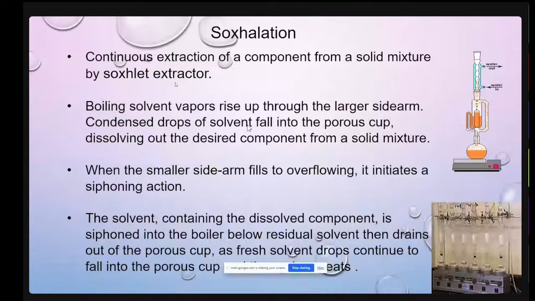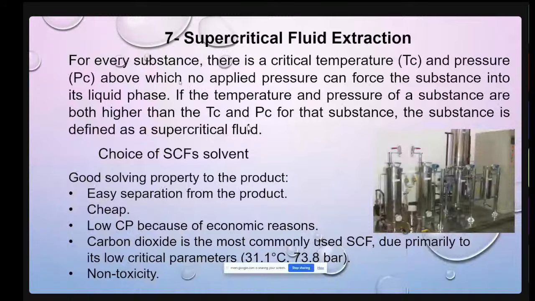The Soxhlet extraction takes more time, but it's efficient. It is efficient with volatile oil extraction. Now here we will stop on the types of extraction because this will be a long talk.